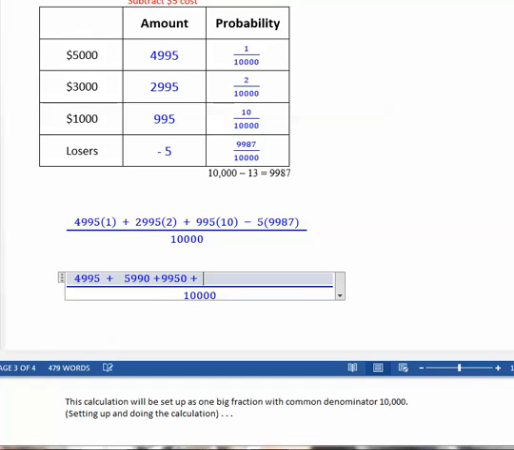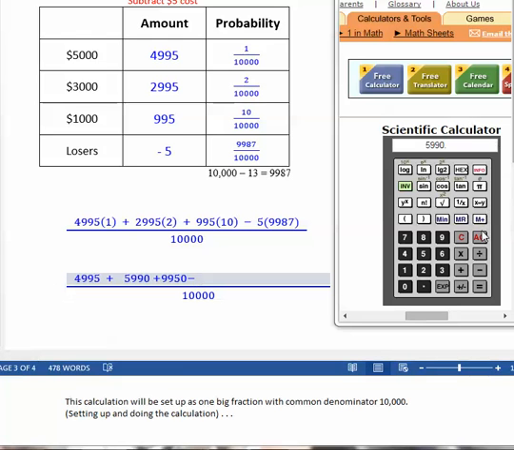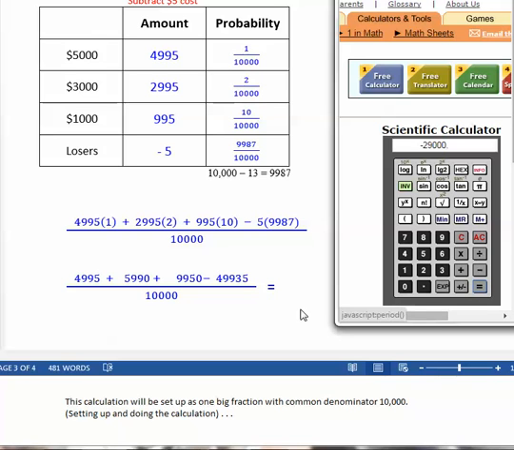And then, oh, actually minus, because the next one's negative, 5 times 9,987 is 49,935. So 4,995 plus 5,990 plus 9,950 minus 49,935 is negative 29,000 over 10,000.